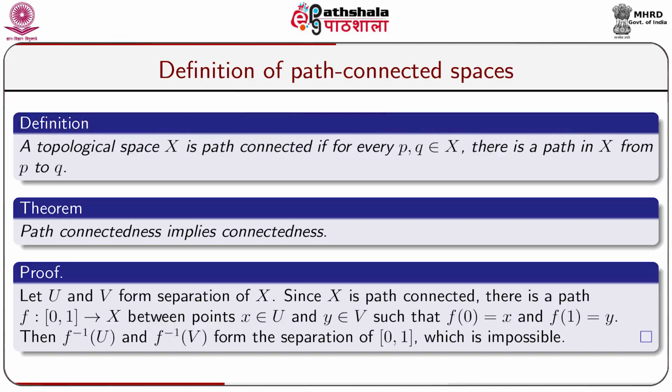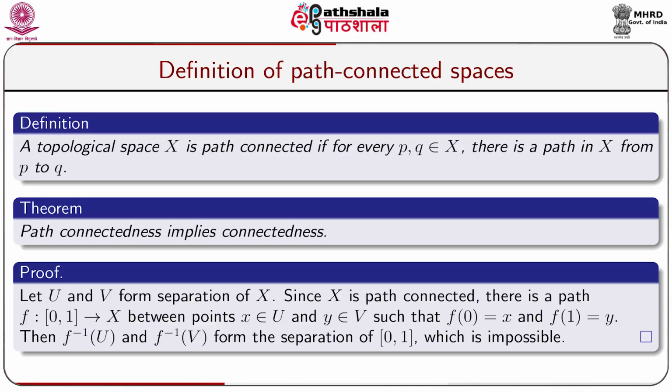The following theorem will help us prove that many spaces are path connected. Theorem: path connectedness implies connectedness. If possible, let X be a path connected space and suppose it is disconnected.